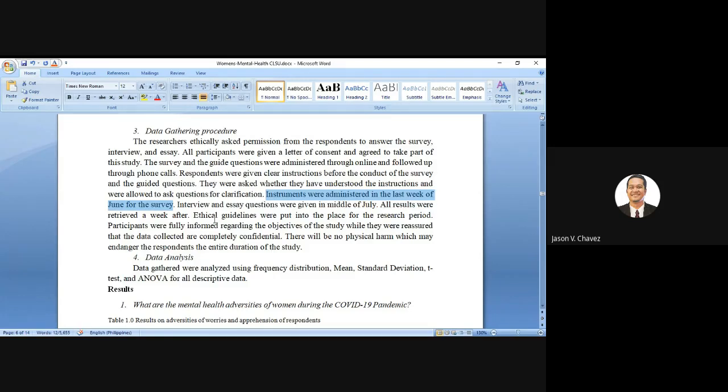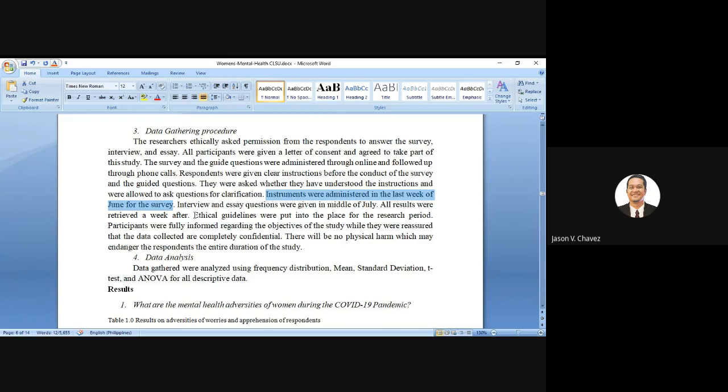Of course, some other statements include ethical guidelines. Guys, the context of ethics is important. It's a must. That's why it's specifically stated here. Ethical guidelines were put into place for the research period. Participants were fully informed regarding the objectives of the study, while they were reassured that the data collected are completely confidential.